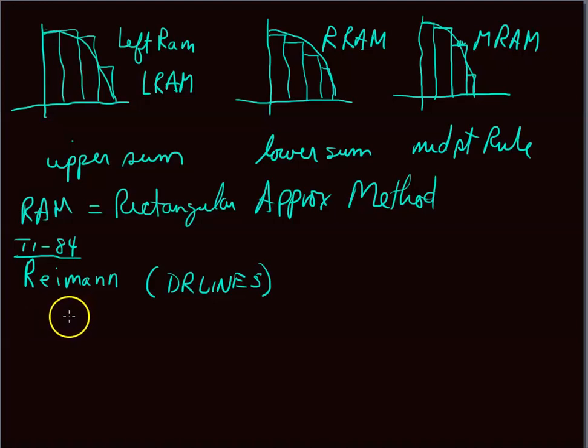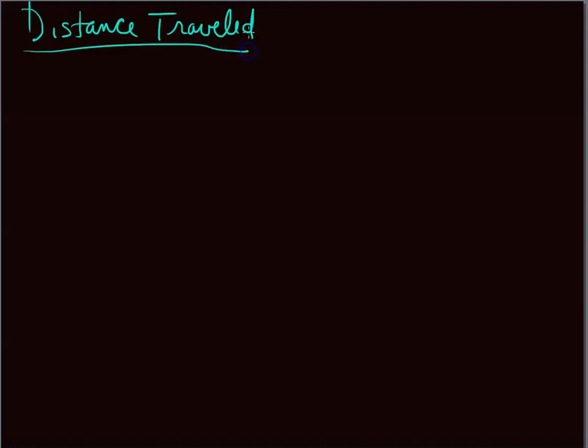So how do you use these things? Well, let's go to a new screen and talk about distance traveled. If we do not have the function for velocity v of t, we cannot find an antiderivative that will be for the position.